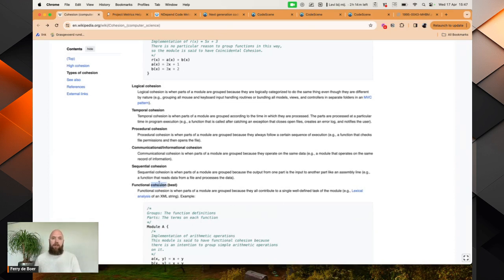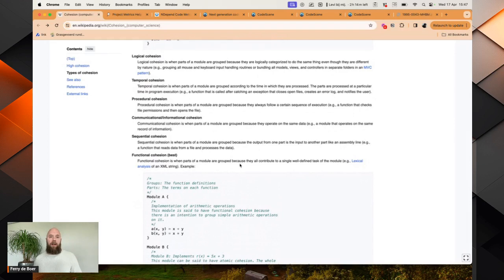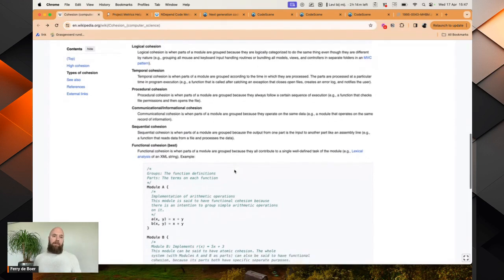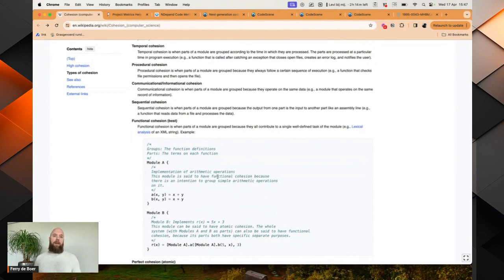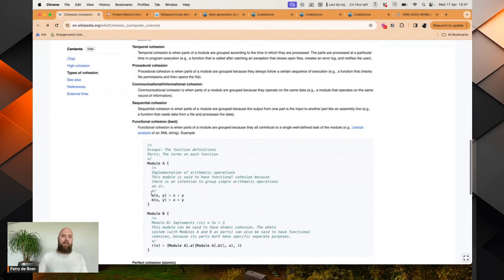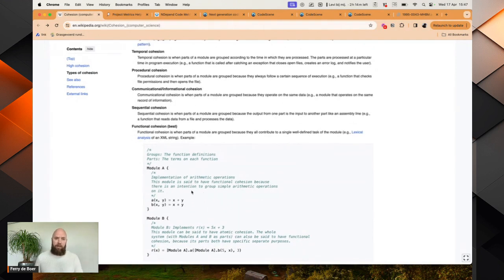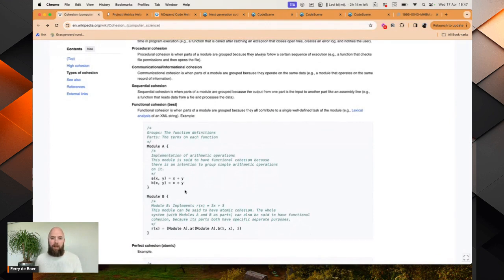Functional cohesion, that's basically saying, okay, this is the kind of cohesion you were expecting, as in these are arithmetic operations. It's not that strong in that these are basically pure functions. So it's not really module data that's being operated on.